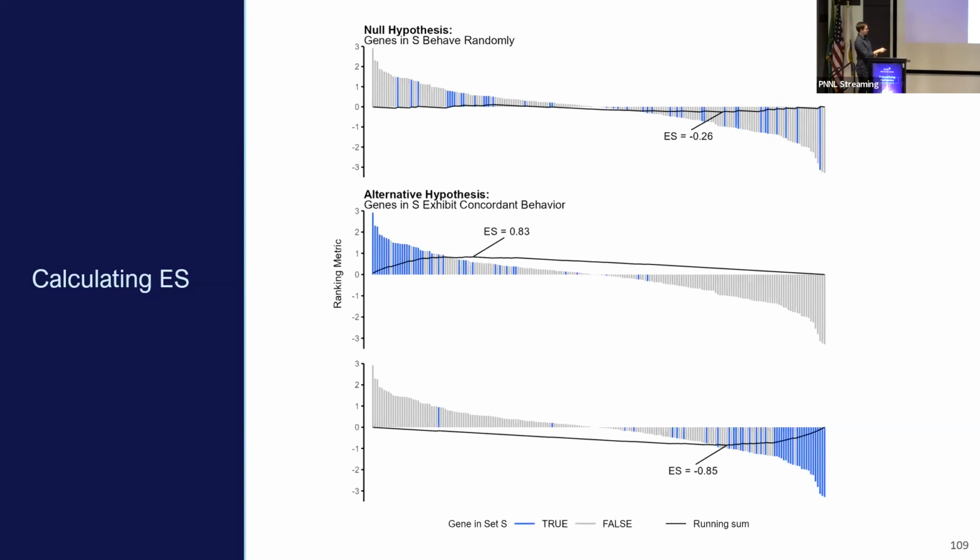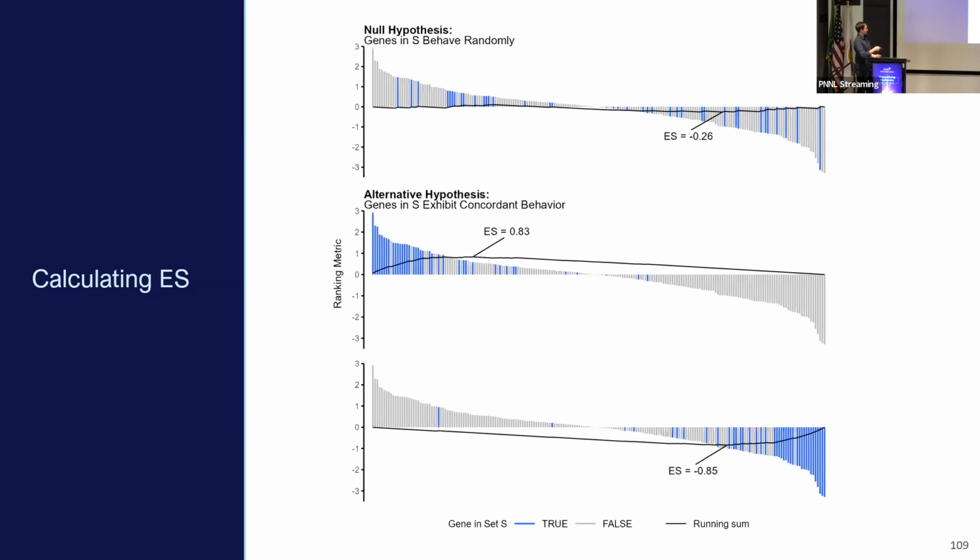And you can see within a set, you're allowed to have genes like these two at the bottom on the left side that are actually upregulated, where most of them are downregulated. So we're just trying to summarize the behavior of the set. We're not necessarily trying to say all of the genes in the set are up or all of them are down. So we just want to summarize and then get an idea of how significant that actually is.